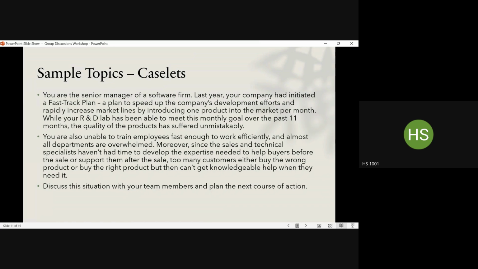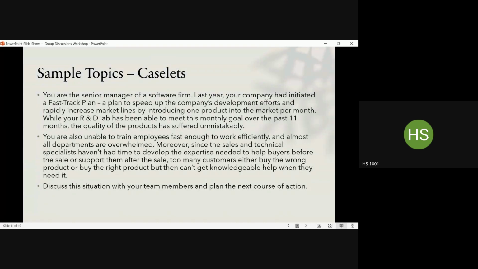You are also unable to train employees fast enough to work efficiently, and almost all departments are overwhelmed. Moreover, since the sales and technical specialists haven't had time to develop the expertise needed to help buyers before the sale or support them after the sale, too many customers either buy the wrong product or buy the right product but then can't get knowledgeable help when they need it. Discuss this situation with your team members and plan the next course of action.